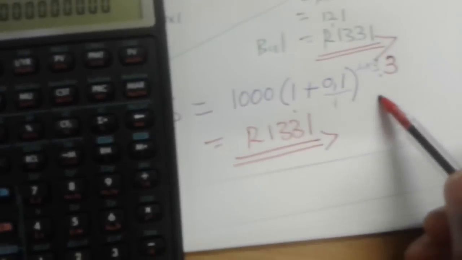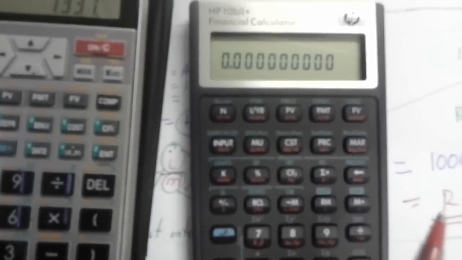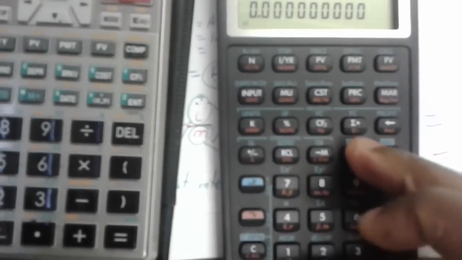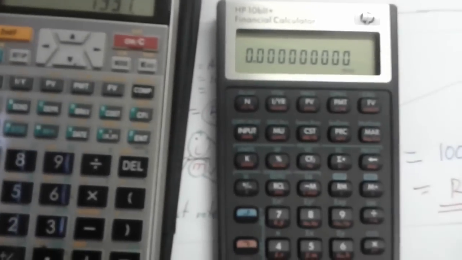Now, if you are using the HP calculator, I suggest you start with this part here. You are going to open bracket, which is shift, open bracket.